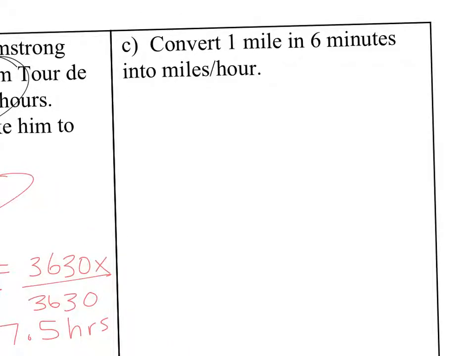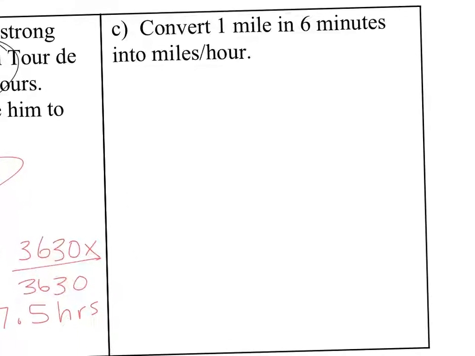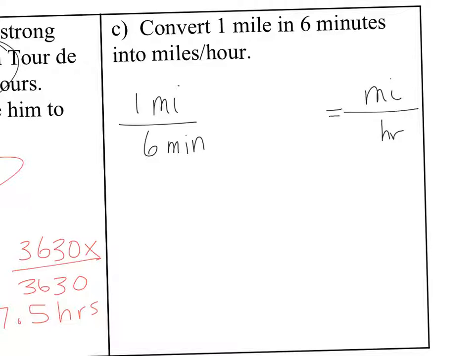And then the last question, convert 1 mile per 6 minutes into miles per hour. 1 mile per 6 minutes. And I want to convert to miles per hour. So I have miles the same, so that's good, but I'm converting minutes to hours.